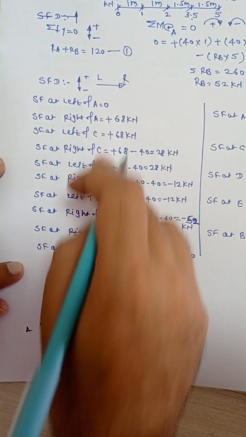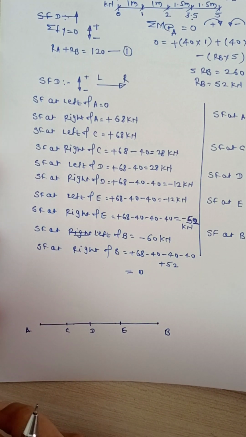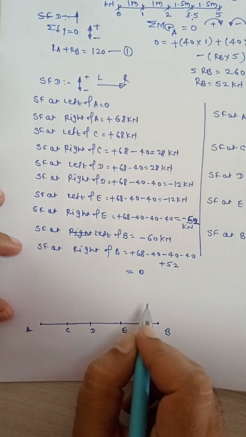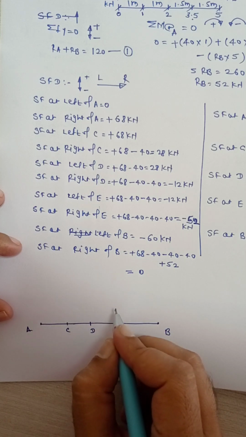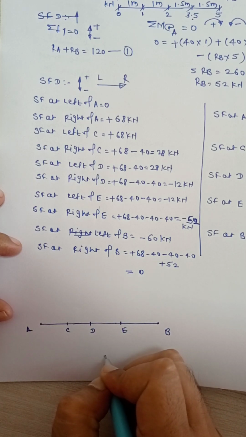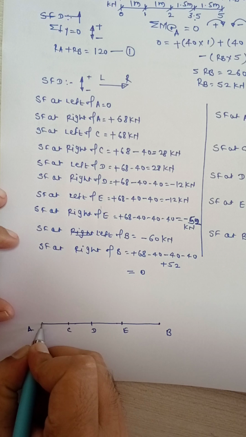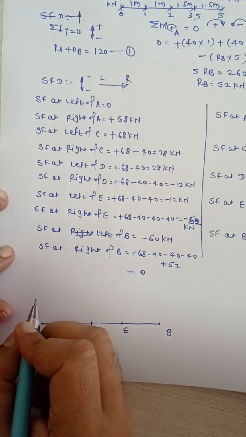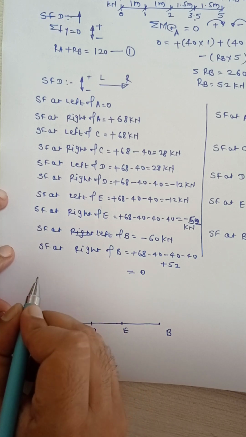As per these calculations, at A point two values are there, 0 and plus 68. This is the zero line. Above the zero line all positive values, and below the zero line all negative values are there. At A point the first value is 0, and the other value is plus 68.